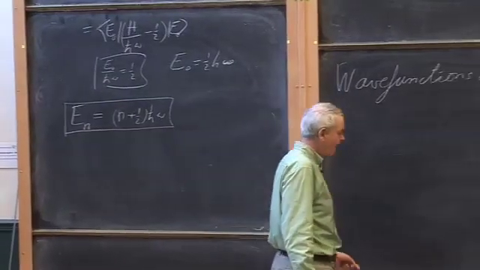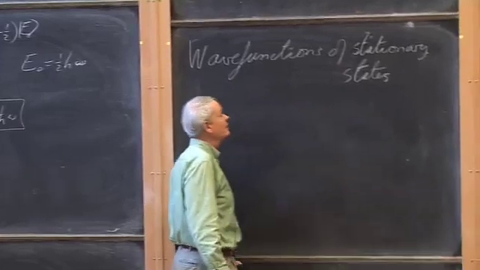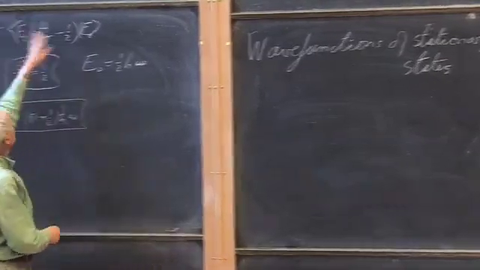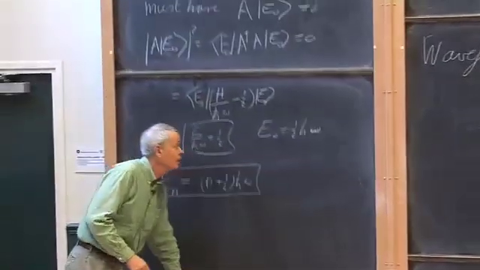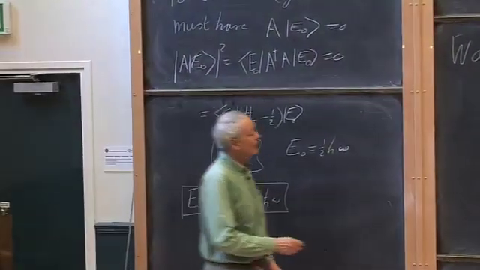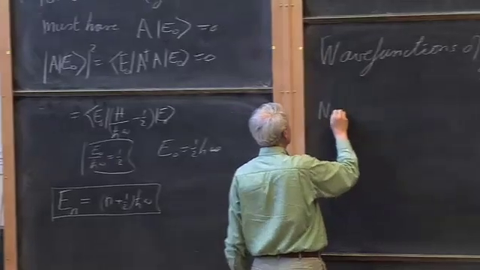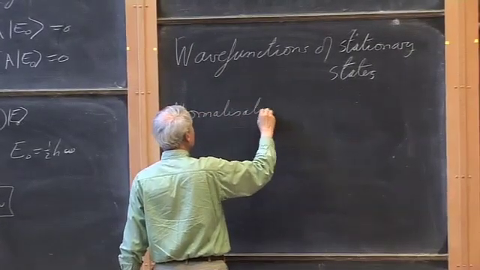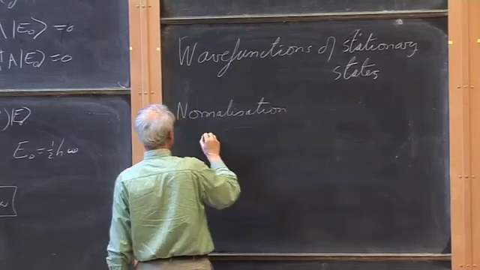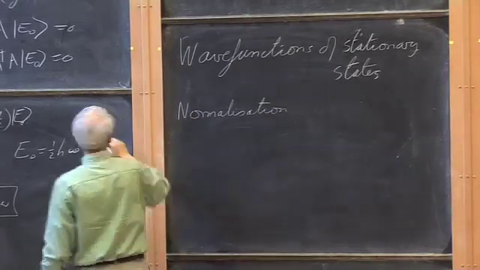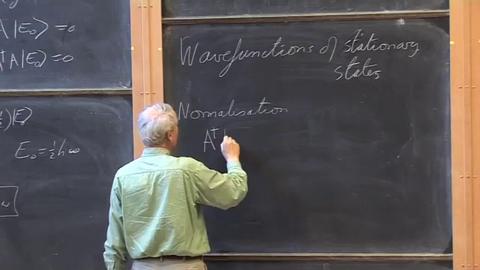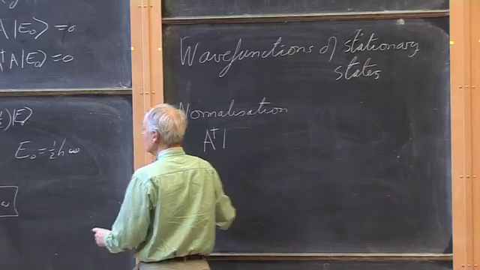Actually, before I do that, it's probably good to generalize this calculation here. So let's just talk about normalization as a sort of preliminary. I think it's better to do this now. Normalization. What we've established is that A dagger on, and I'm going to introduce a new notation.